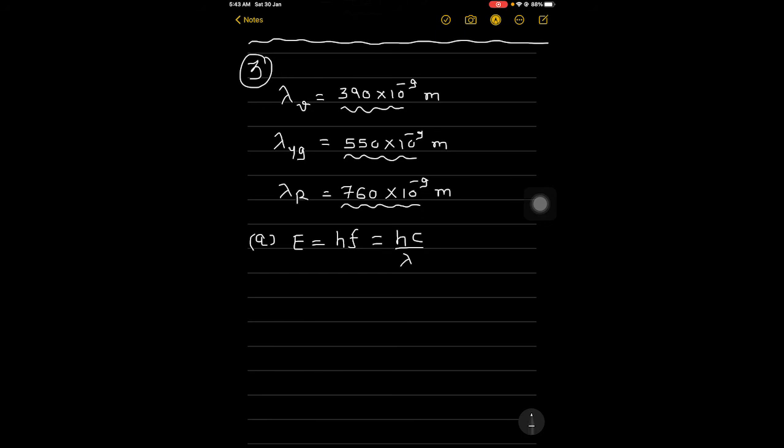We have hc as a very well known and fixed value, that is 19.89 into 10 raised to minus 26.